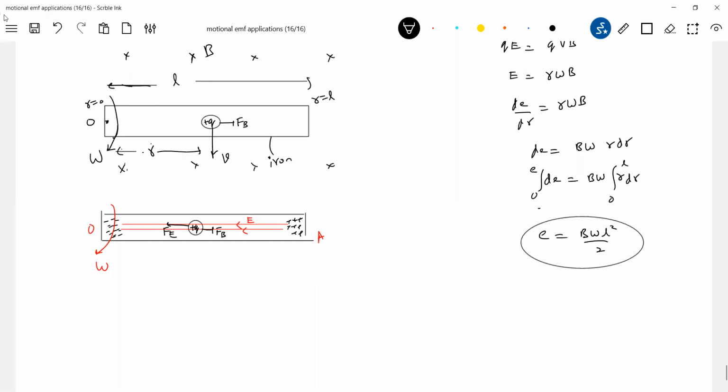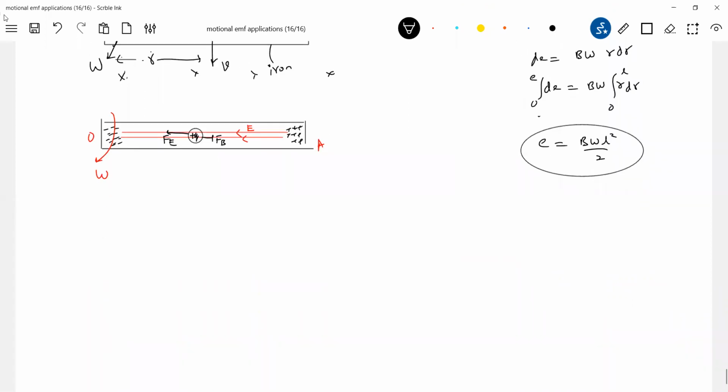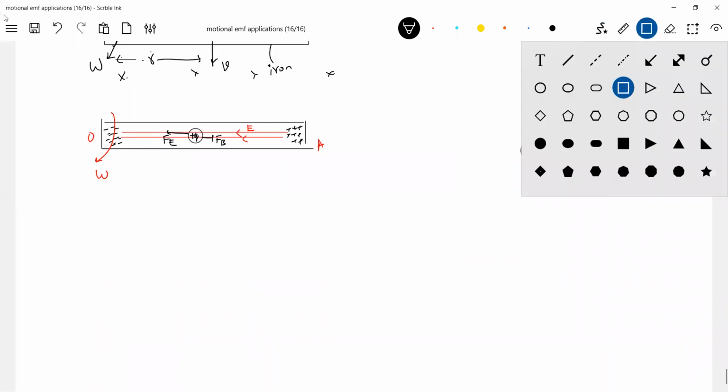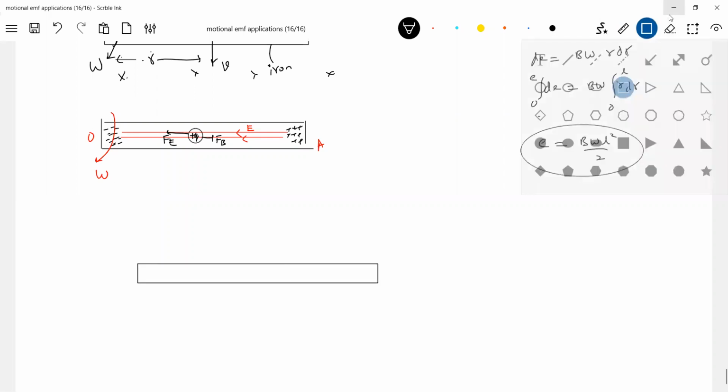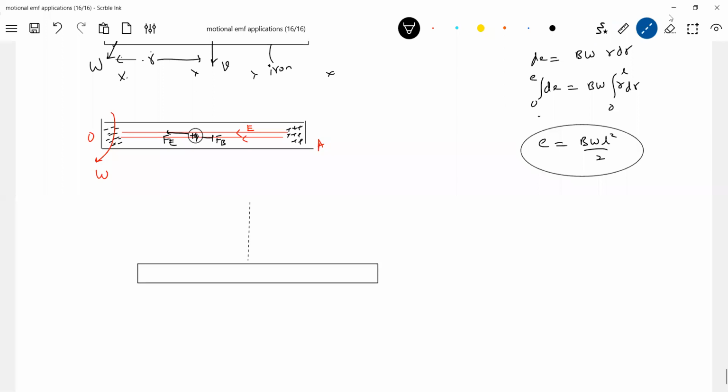And now if I rotate the rod at the midpoint instead, exactly the axis is here, about the midpoint I'll rotate. And the magnetic field is a uniform magnetic field directed in this way.